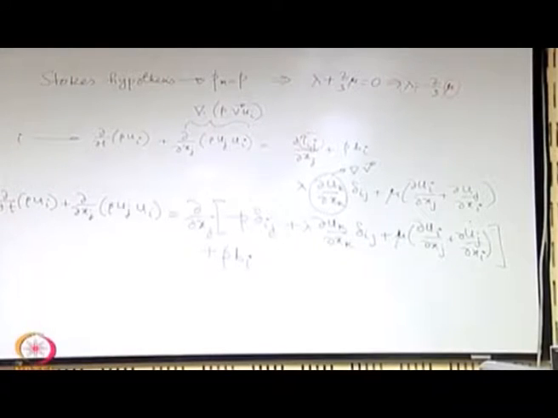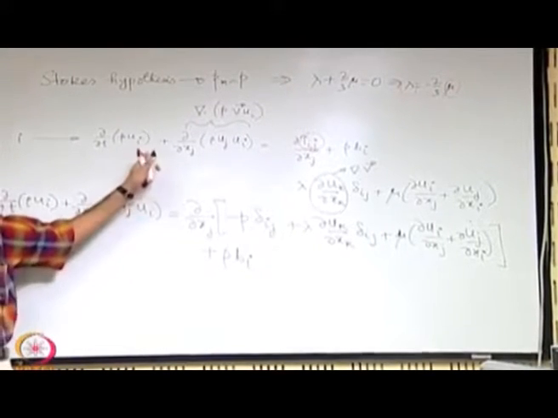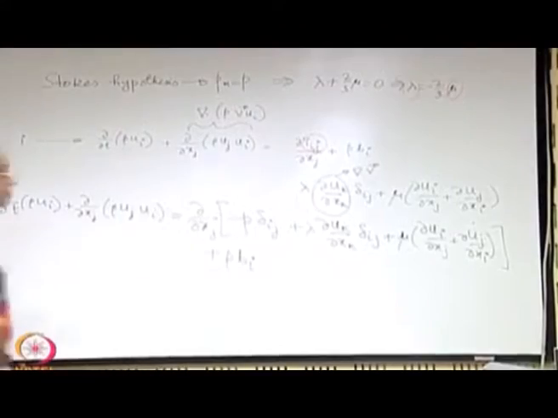So, we have done nothing special, we have just substituted the tau ij in the equation of motion.